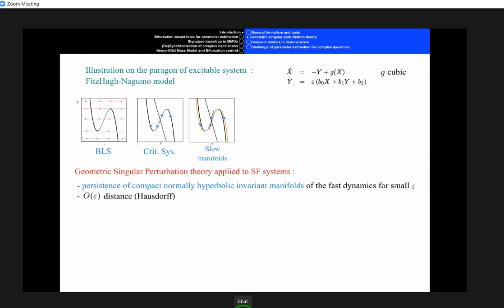It's a complex sentence just to say that if we don't have any singularities of the singular system, we have a compact manifold that is called a normally hyperbolic invariant manifold. And this manifold persists for small epsilon.